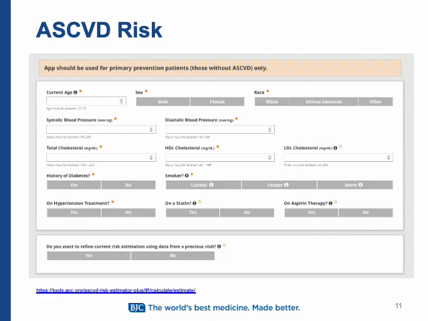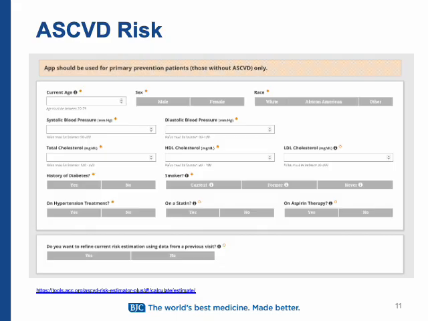Here you can see the calculator pulls together the major risk factors that we evaluate in clinic. This includes age, sex, race, blood pressure, cholesterol values, both HDL and LDL, diabetes status, smoking history, and whether the patient is on treatments such as antihypertensives, statin therapy, or aspirin therapy.